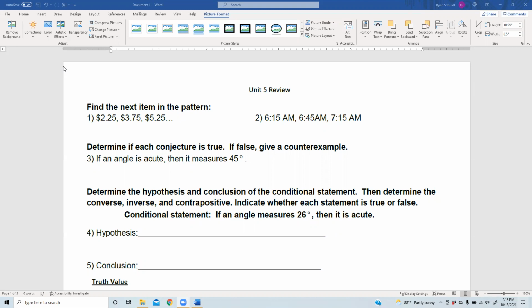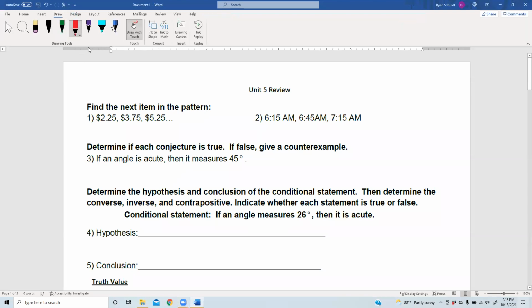They ask us to find the next item in the pattern. So we want to see if we can figure out what's going on. We go from $2.25 to $3.75.